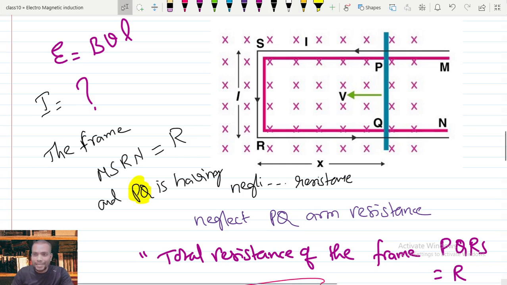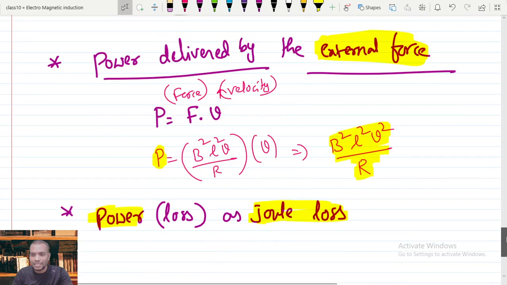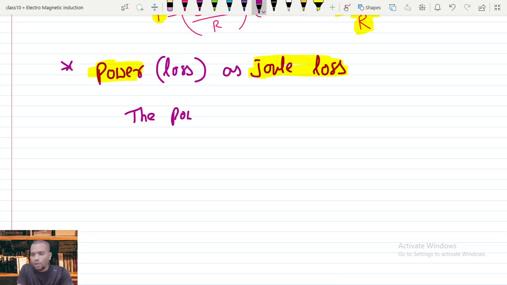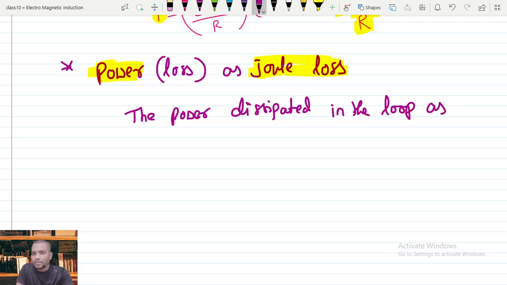So the power dissipated means the power wasted. The power dissipated in the loop as Joule heating loss.